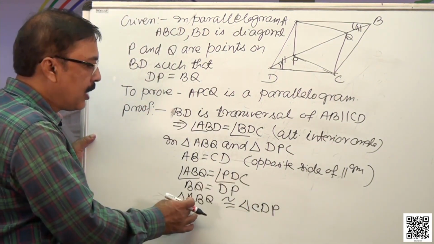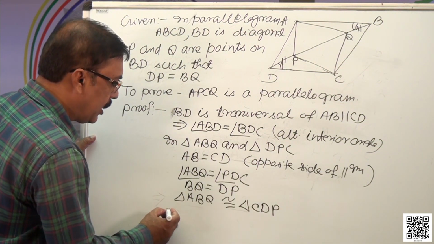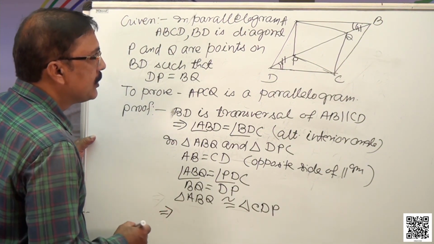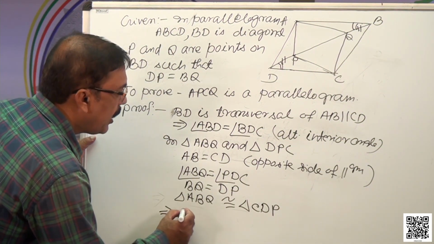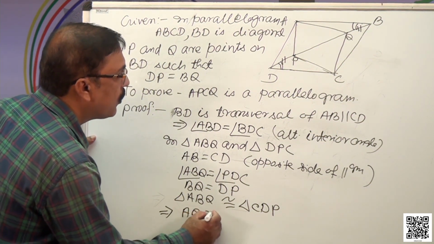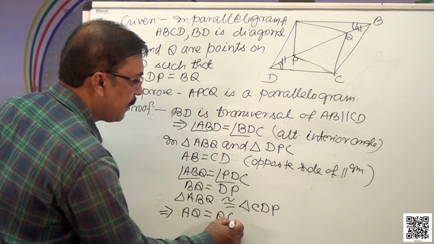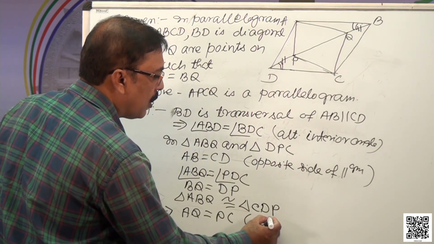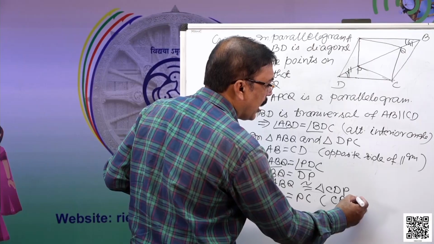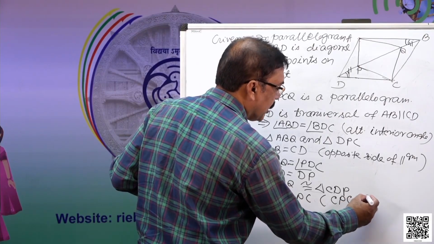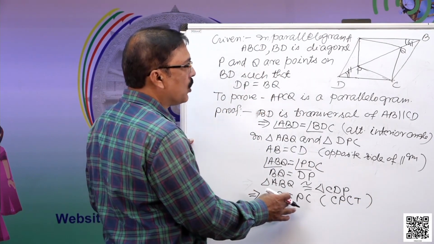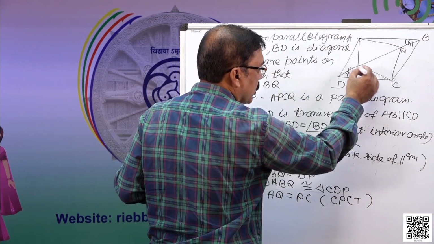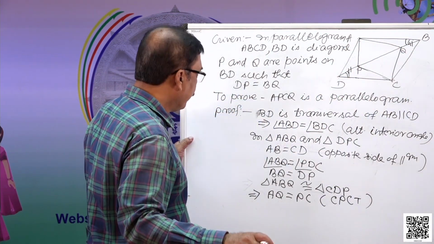As these two triangles are congruent, this implies that AQ is equal to PC by corresponding parts of congruent triangles. So AQ is equal to PC.